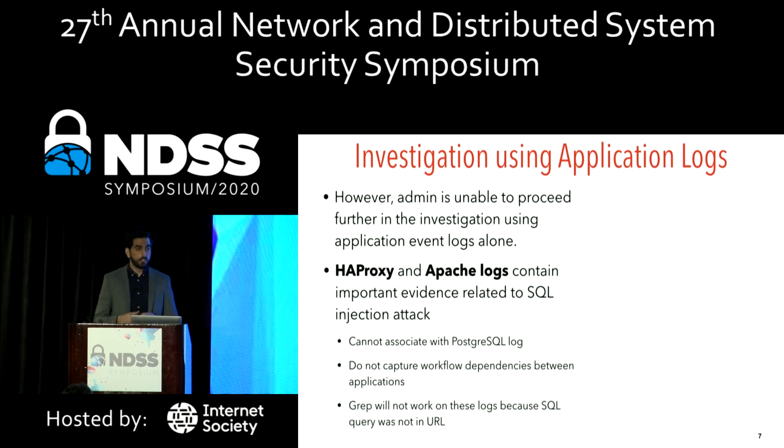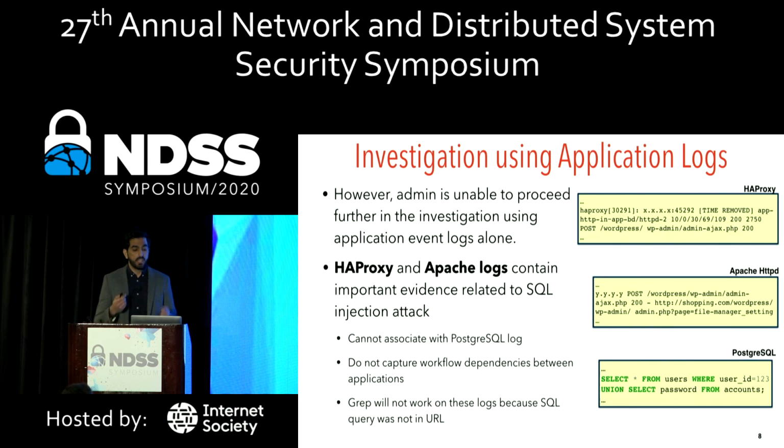Now the admin cannot proceed further in the investigation, even though the admin knows that the HAProxy logs or Apache logs have some evidence related to this attack. But because these application logs do not capture the workflow dependencies between the applications, it's not possible to associate which log event is related to the SQL query that led to the SQL injection.